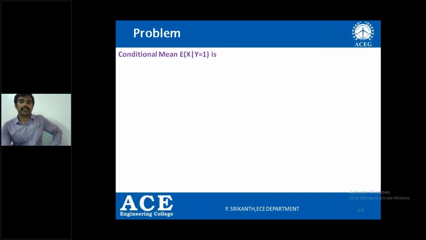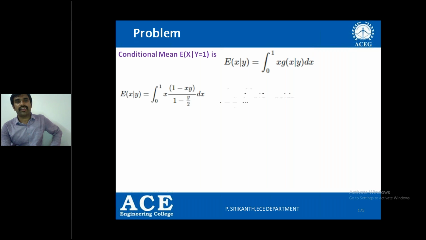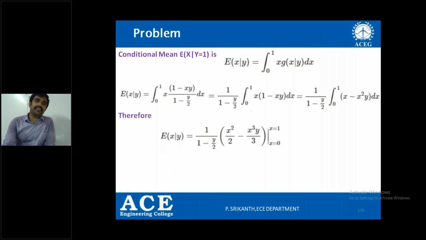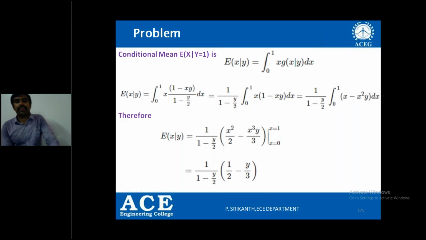Mean is a direct formula: expectation of x given y equal to integral 0 to 1 of x into g of x given y dx. Substituting the density function, finally I got the resultant value, equal to 1 by 1 minus y by 2 into 1 by 2 minus y by 3.